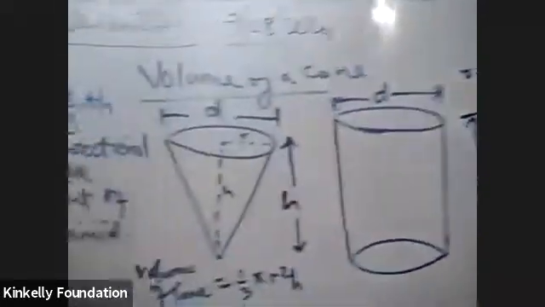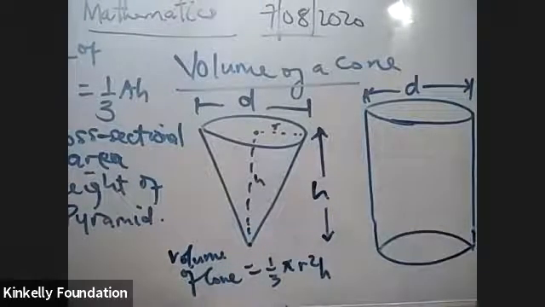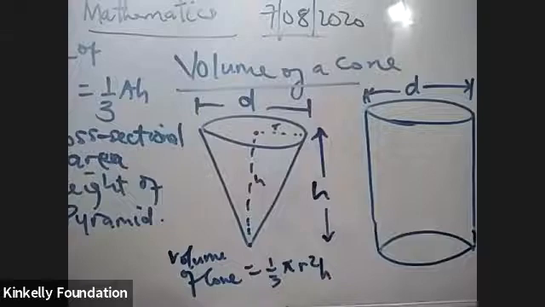Now, what will you conclude concerning these two shapes? We will say that the volume of a cone is 1/3 of the volume of a cylinder.